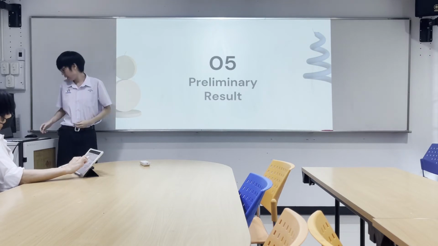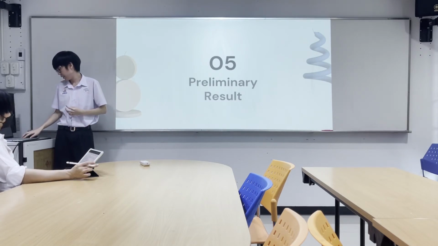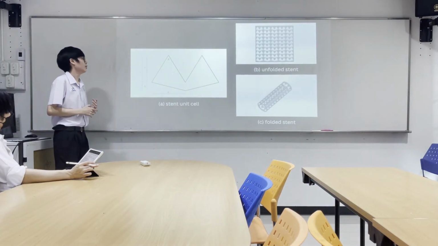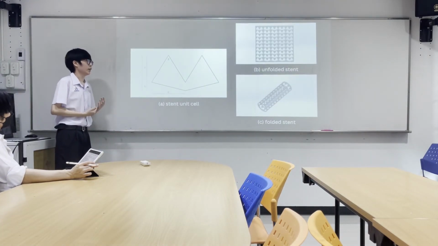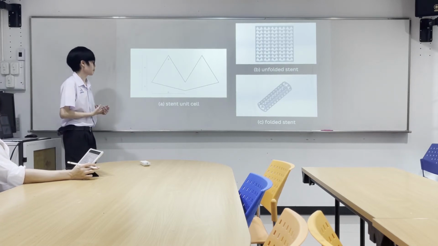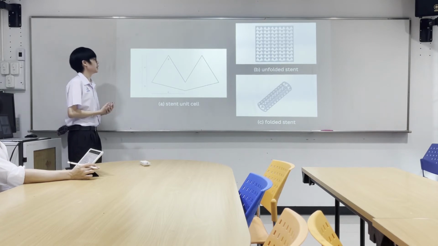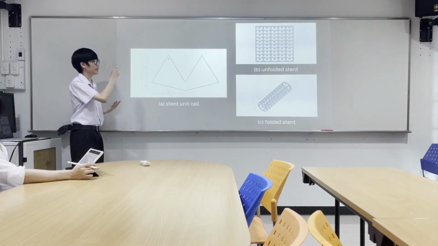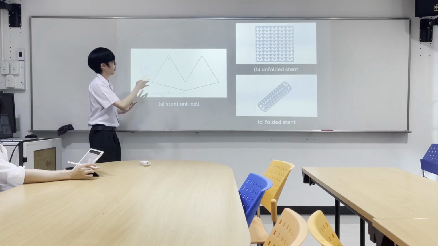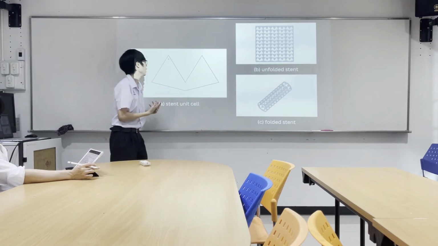The next slide we're talking about is the preliminary result. So this is our picture of the initial design of our biodegradable stent. This is the stent unit cell. It represents the unit of the whole stent right here.